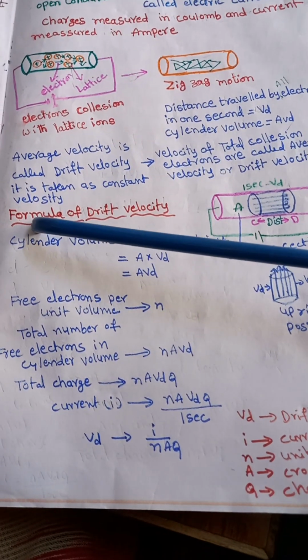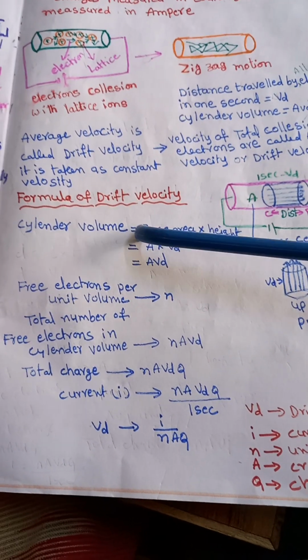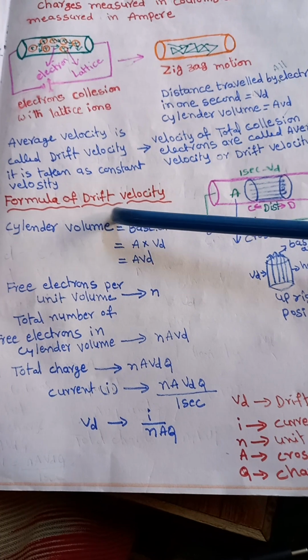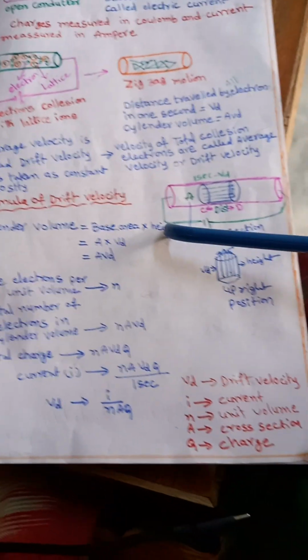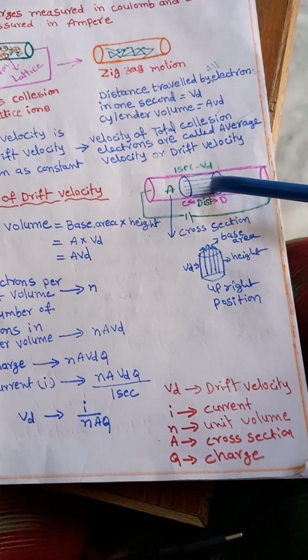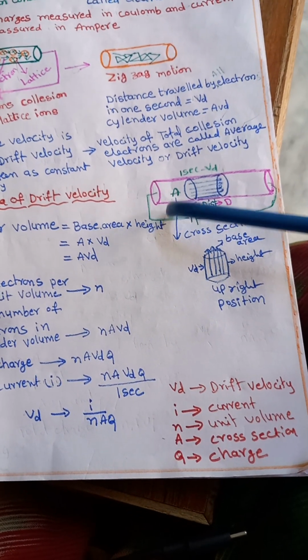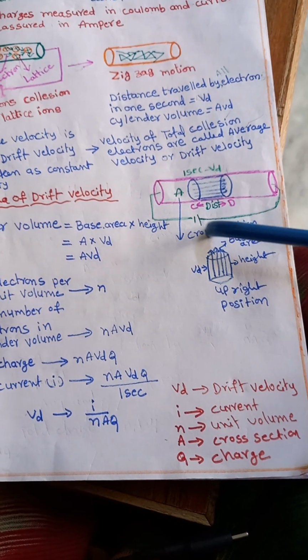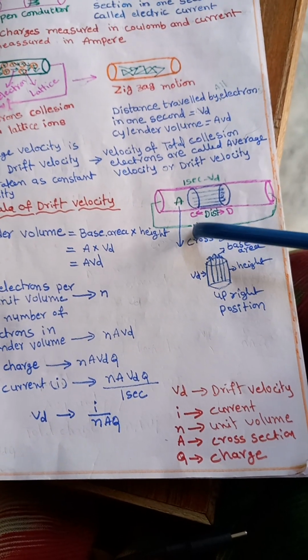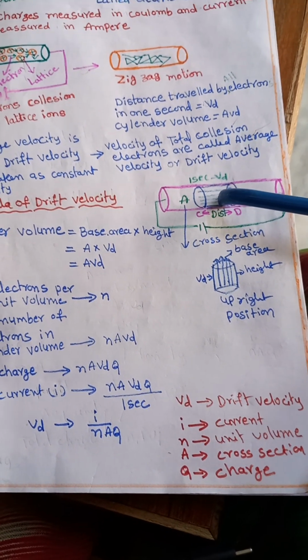Now, the formula of drift velocity. First we observe the diagram. Here this is a conductor, and this conductor is connected to the battery. Inside the conductor there is a cross section.